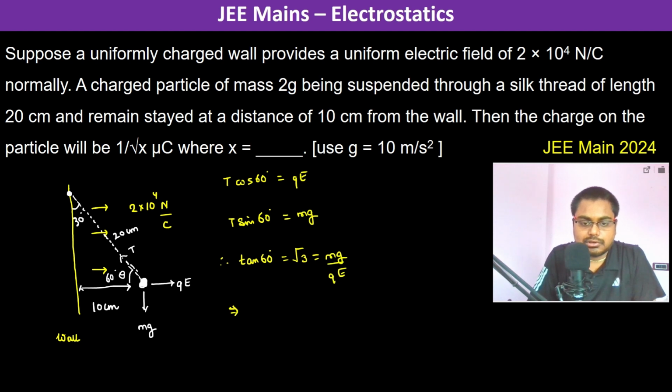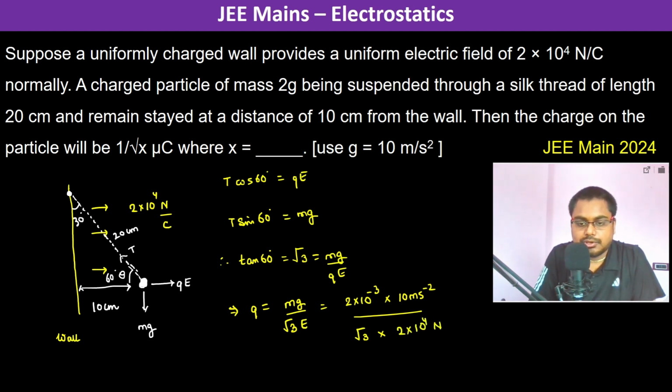So therefore Q becomes mg divided by root 3 into E, where the charged particle's mass is 2 gram, so 2 into 10 to the power minus 3 kg into g, which is 10 m/s squared, divided by root 3 E. E is 2 into 10 to the power 4 Newton per Coulomb.